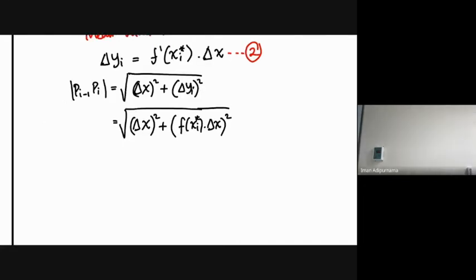Now I have delta x squared and delta x squared also on this side. I will take the delta x outside. So let me write this as 1 plus, squared, and then delta x.